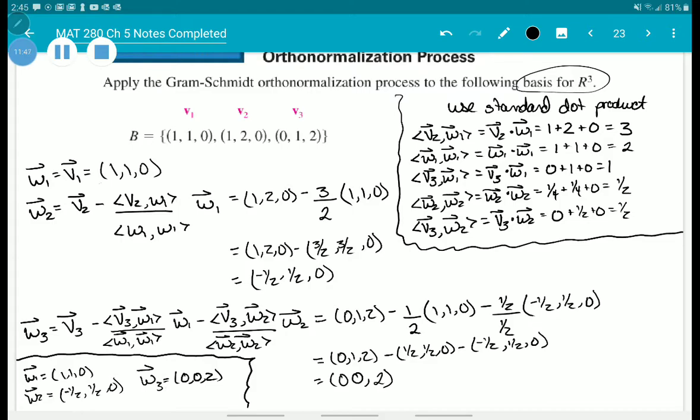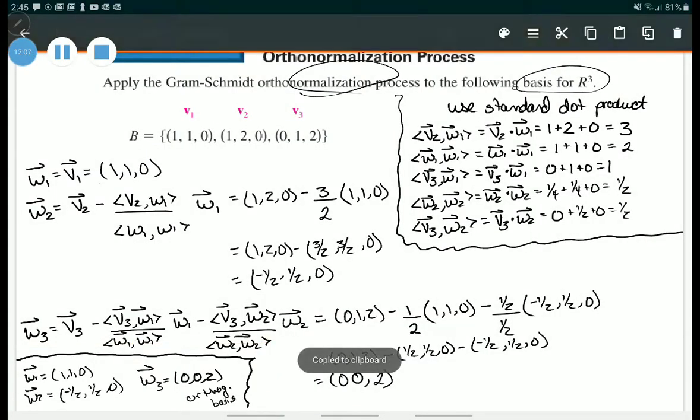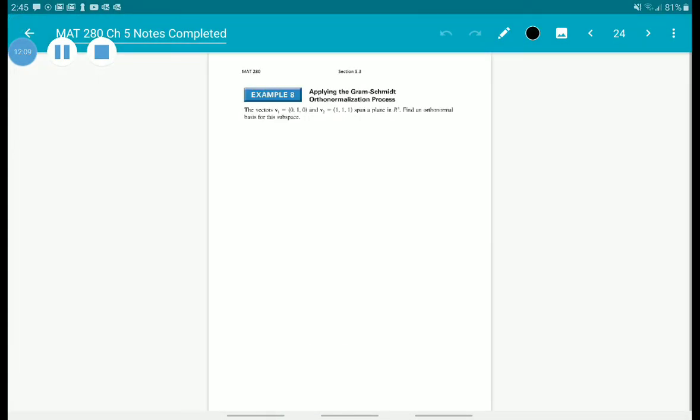This is guaranteed to be an orthogonal basis. But now we want to take it a step further and find that orthonormal basis. So let's do that on the next page.